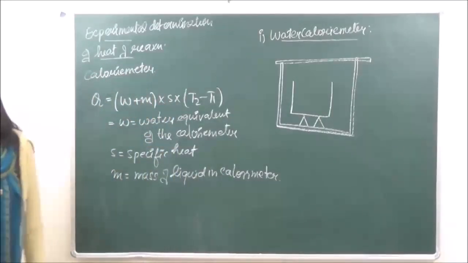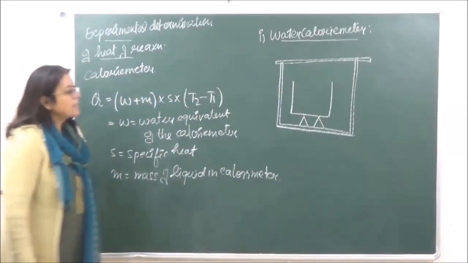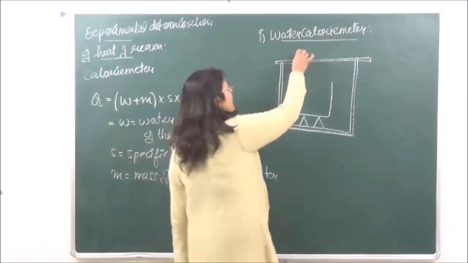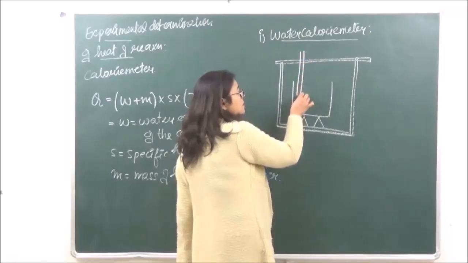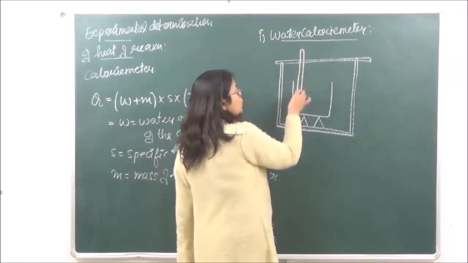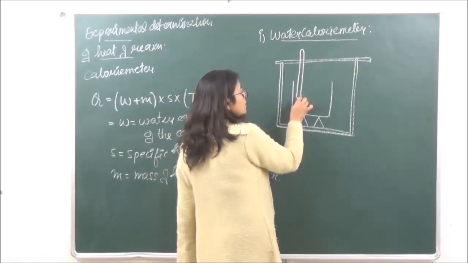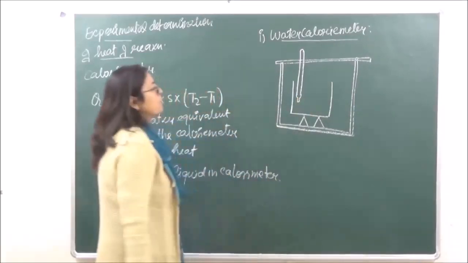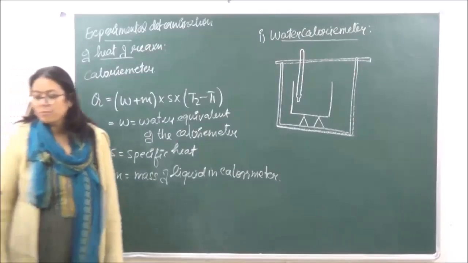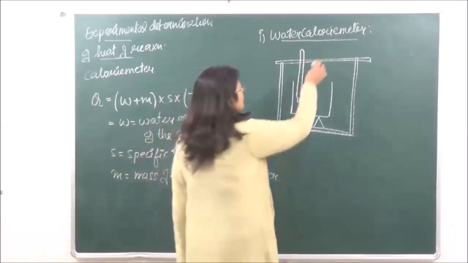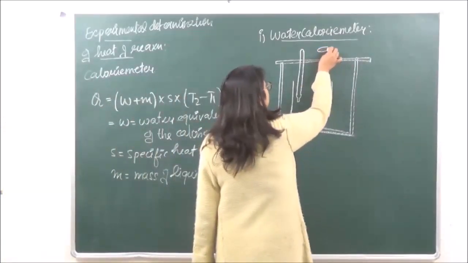Inside this beaker of water which we have taken, we are going to place a thermometer in order to monitor the temperature, okay? And inside it we take a test tube in which we have put the sample.